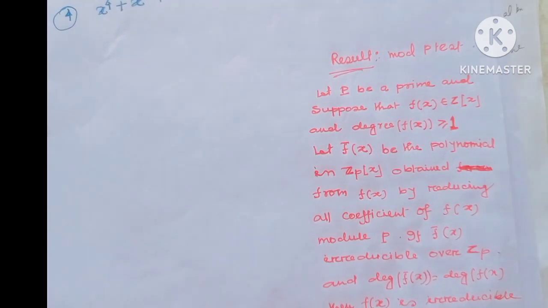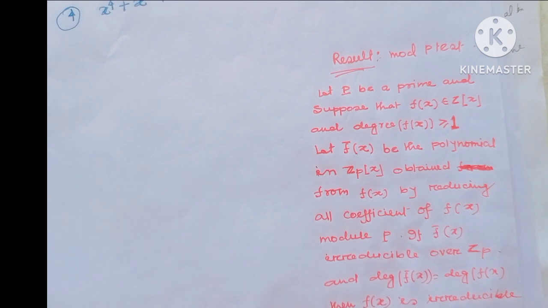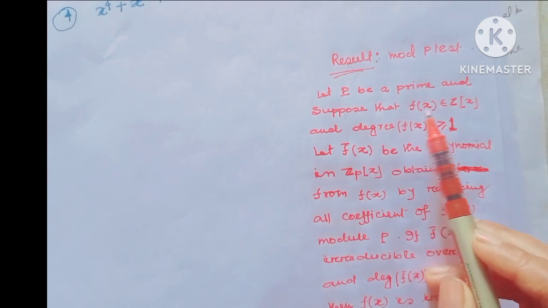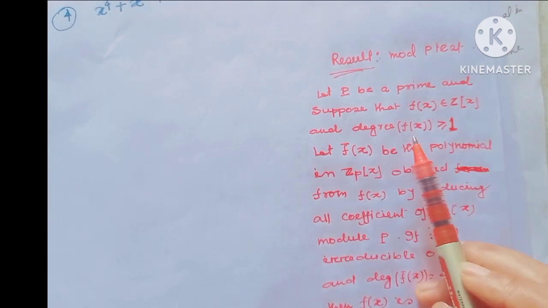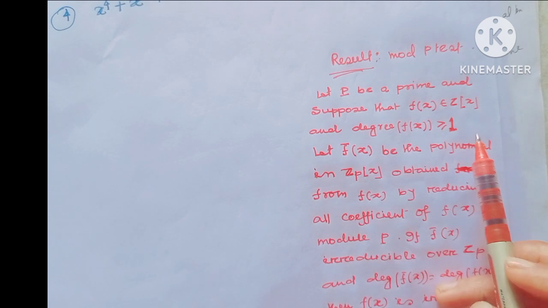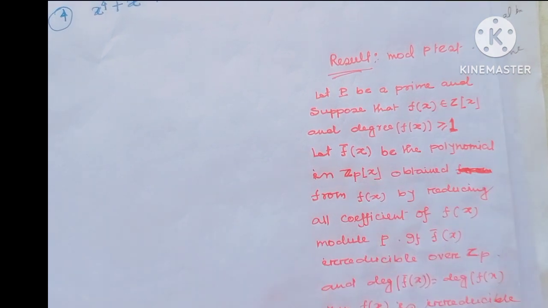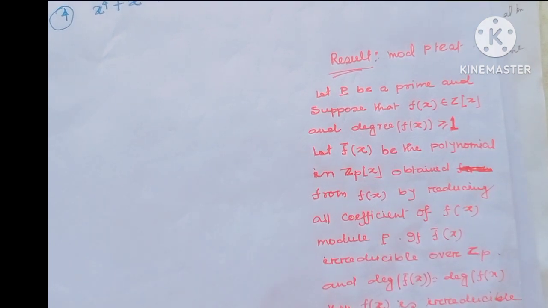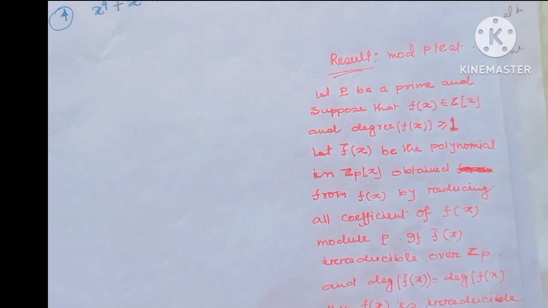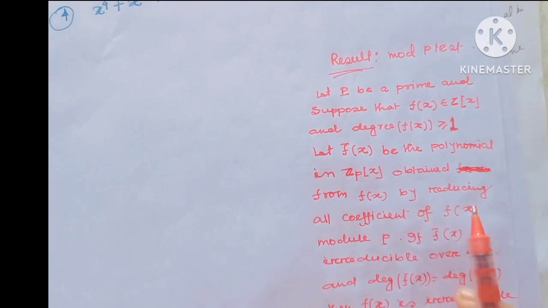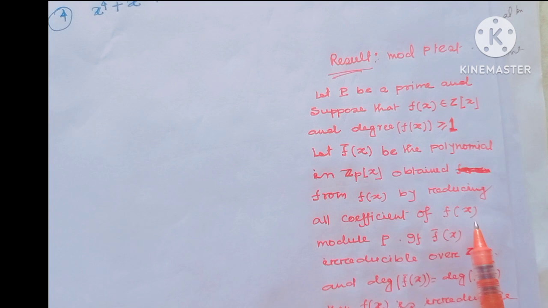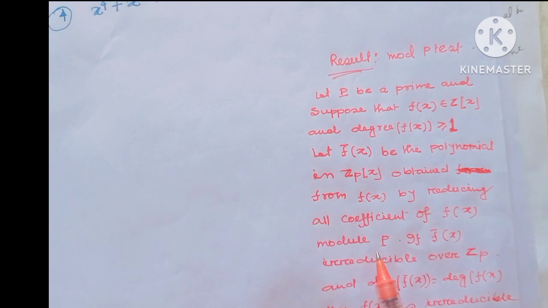Next result is the mod p test. Let p be a prime and suppose that f(x) belongs to Z[x] and degree of f(x) is greater than or equal to 1. Let f bar(x) be the polynomial in Zp[x] which is obtained from f(x) by reducing all coefficients of f(x) modulo p.